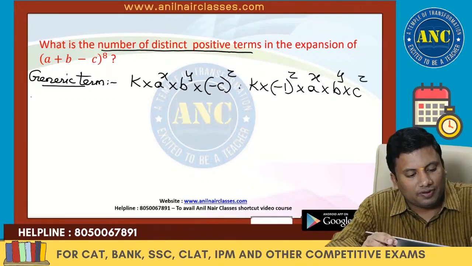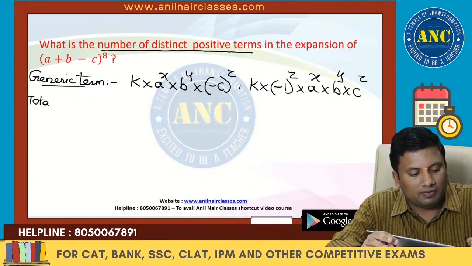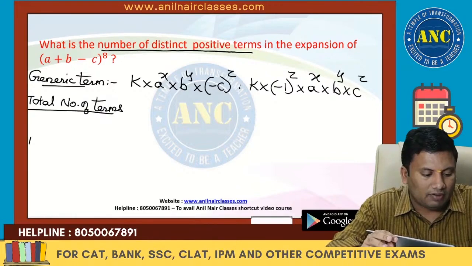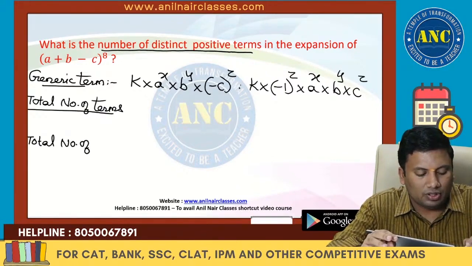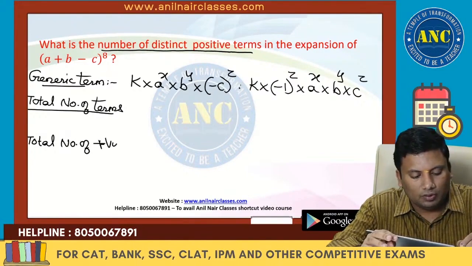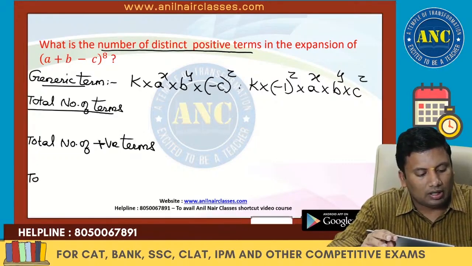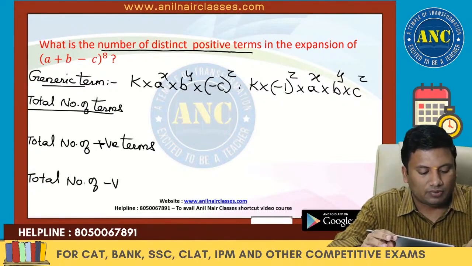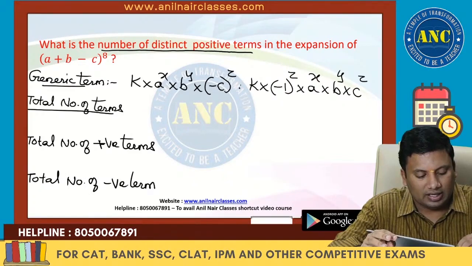First we will find the total number of terms. In that, we will also find the total number of positive terms, and the total number of negative terms, because it is minus c, there could be negative terms.